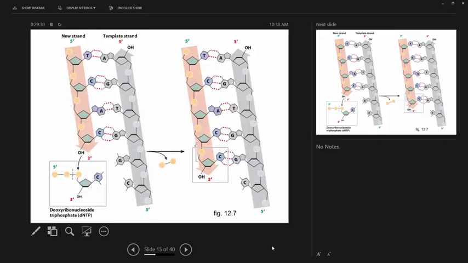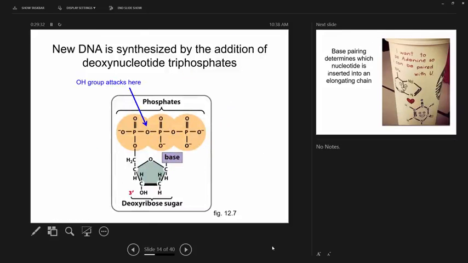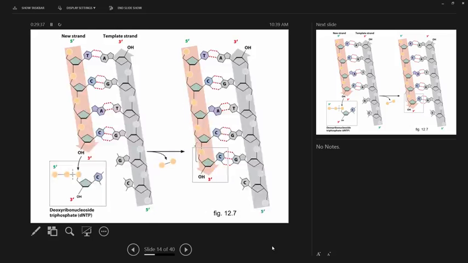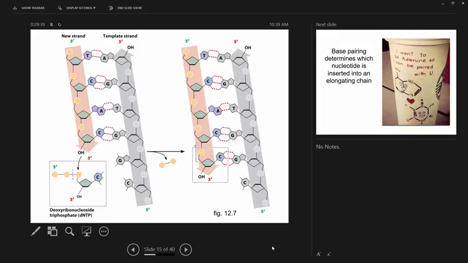to completion. So this dNTP, or deoxynucleotide triphosphate, is this guy down here. Here's the base, and the 1, 2, 3, 4, 5 prime carbon. These three things here are phosphates.